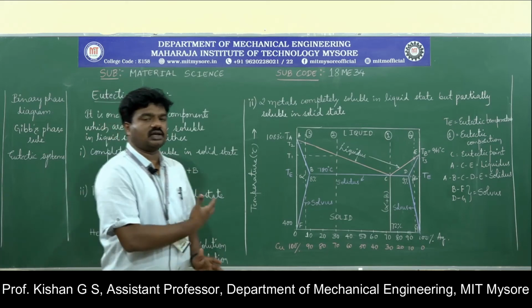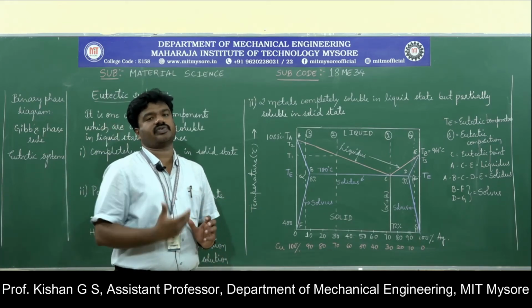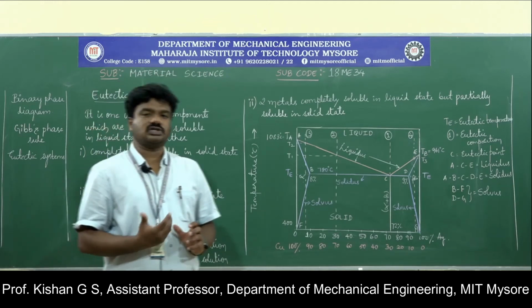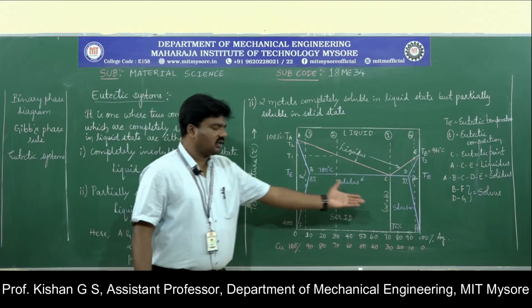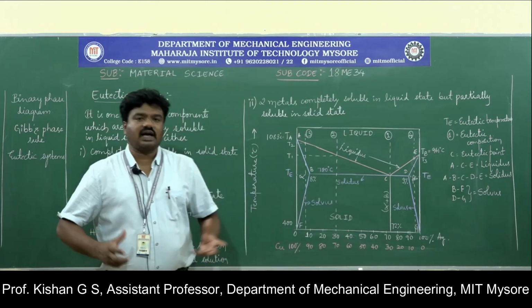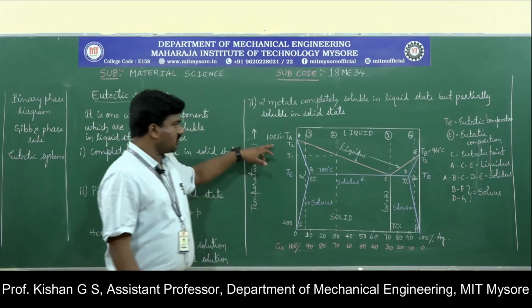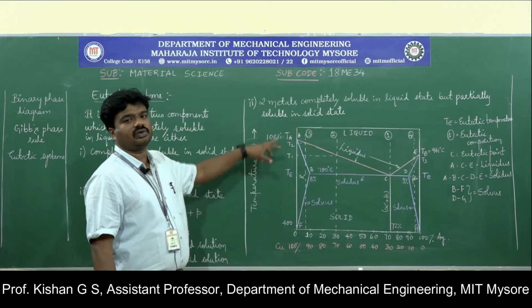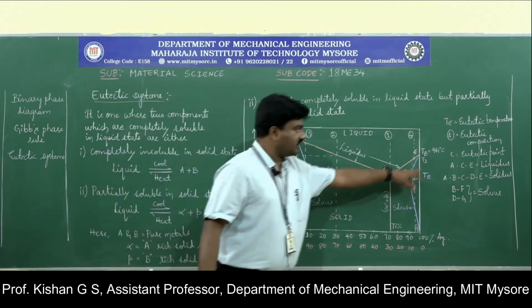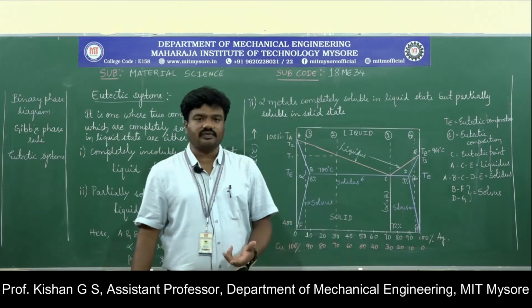Let us now start considering the mixing of these two materials such that it satisfies the partial solubility in the solid state. Say we have taken a copper and silver mixture, and we have heated both the materials. When heated to 1083 degrees Celsius, the copper converts completely into liquid state, whereas at 961 degrees Celsius, the silver completely converts into liquid state.